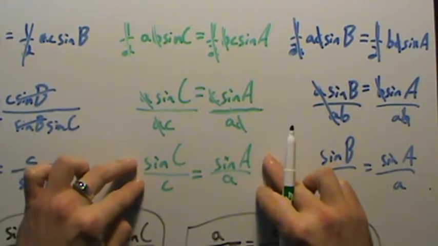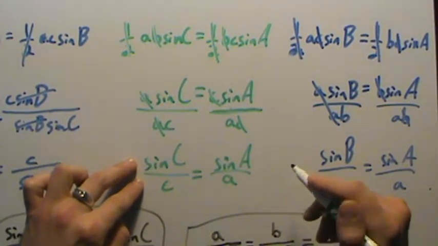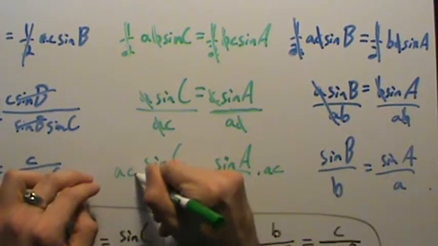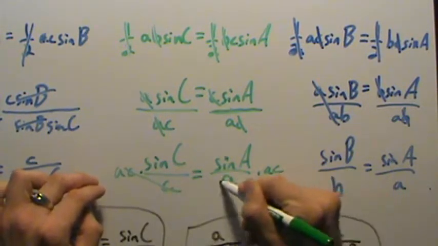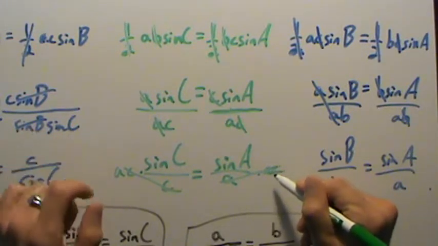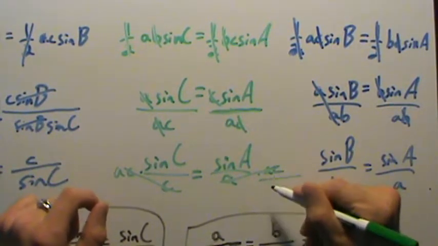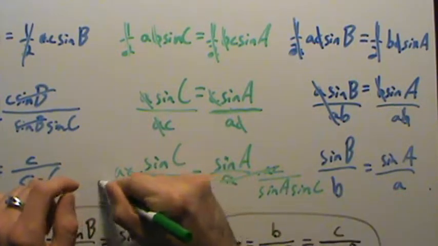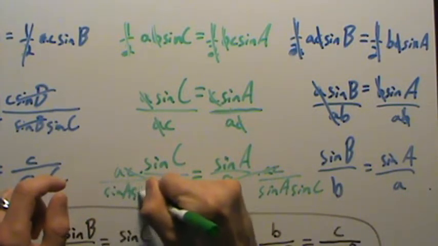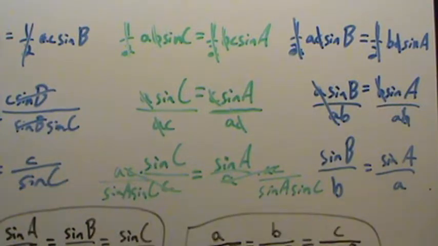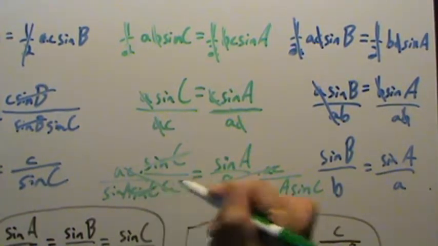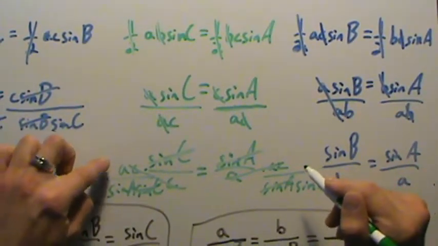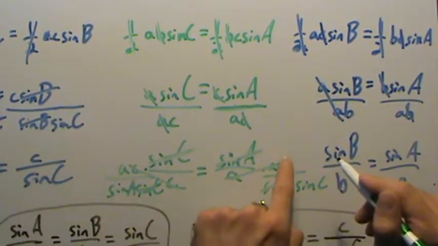So once we have this established, we can multiply both sides by ac, and then the c's will cancel here, the a's will cancel here, and then we can divide both sides by sine of A sine of C. Then the sine of C's cancel over here, the sine of A's cancel over here, and what we're left with is just a over sine A, and over here we just have c over sine C.